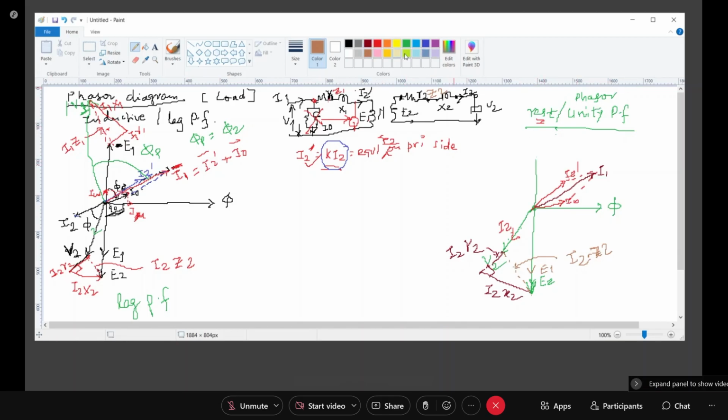So this is my minus E1. To this I will be adding the drop I1 R1. Now it's in phase with this, so parallel to this I will be adding this drop.